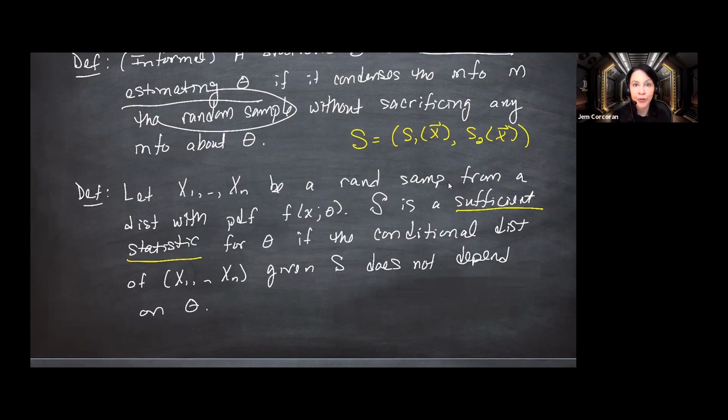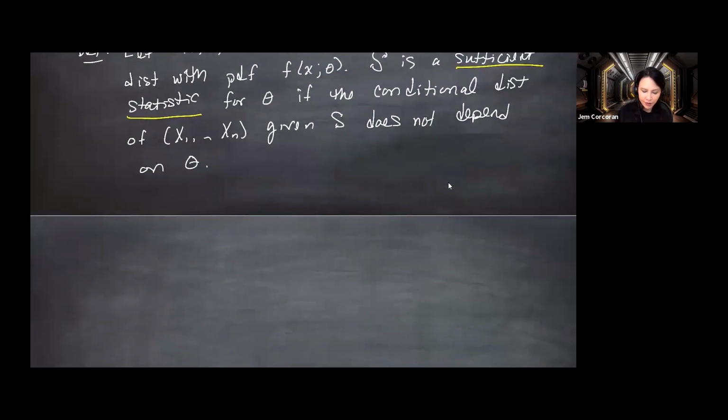Let's check our Bernoulli example using this definition. The example we've already kind of talked about is x1 through xn IID Bernoulli with parameter p.